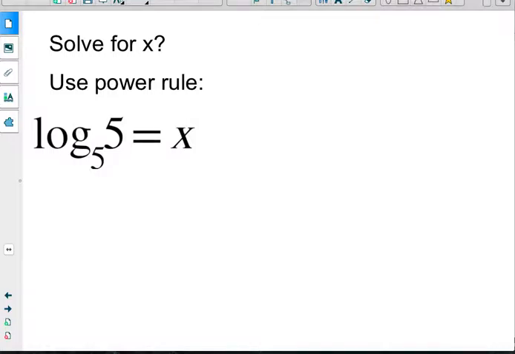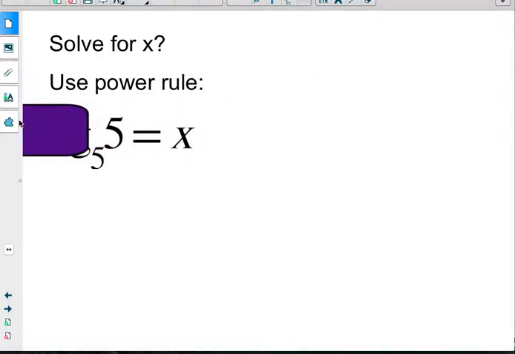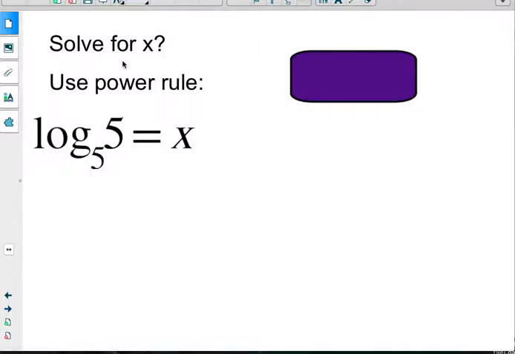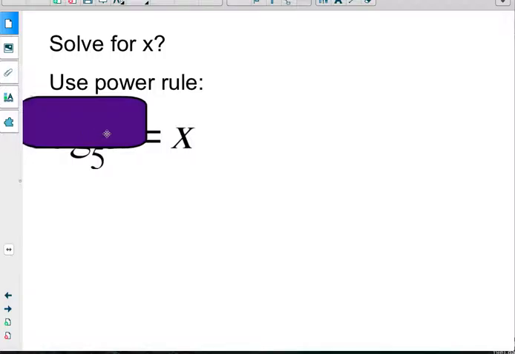So what we're going to do is use the definition of log. I'm going to make a box, and I'm pretending that this box is your finger. Your finger is going to cover log and whatever is in front of it, and what you end up with is 5 and x. That should remind you of 5 to the power of x, equal to whatever is in front of the log, whatever you covered.